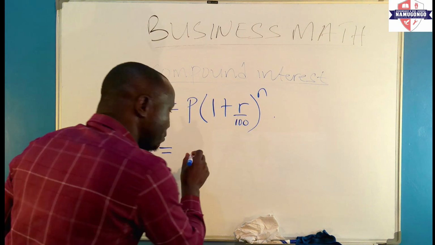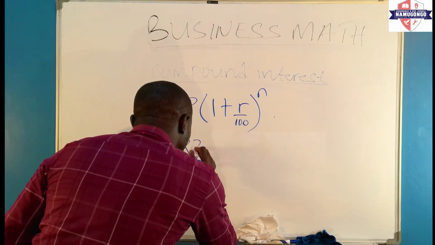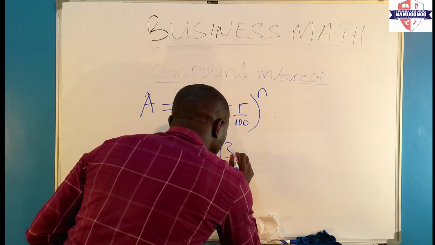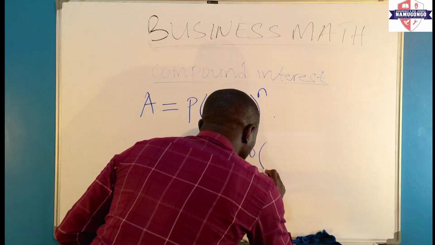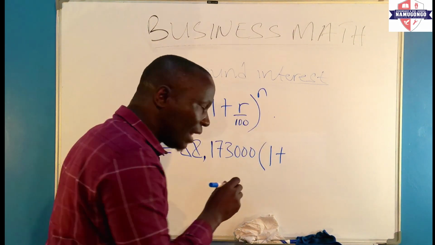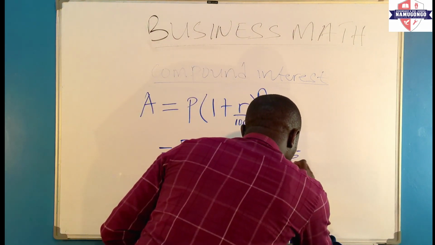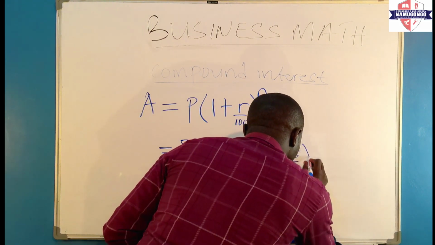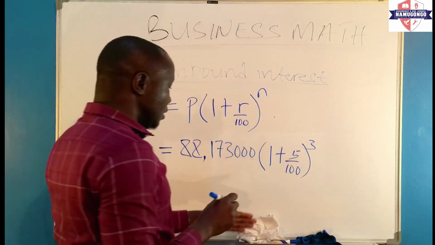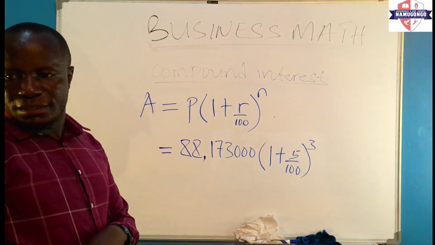So we have our principal as 88,173,000 into 1 plus R. And our R is 5%, that is 5 over 100. Raise the power of N, and in the question our N is 3. Then you can compute what is in the bracket.